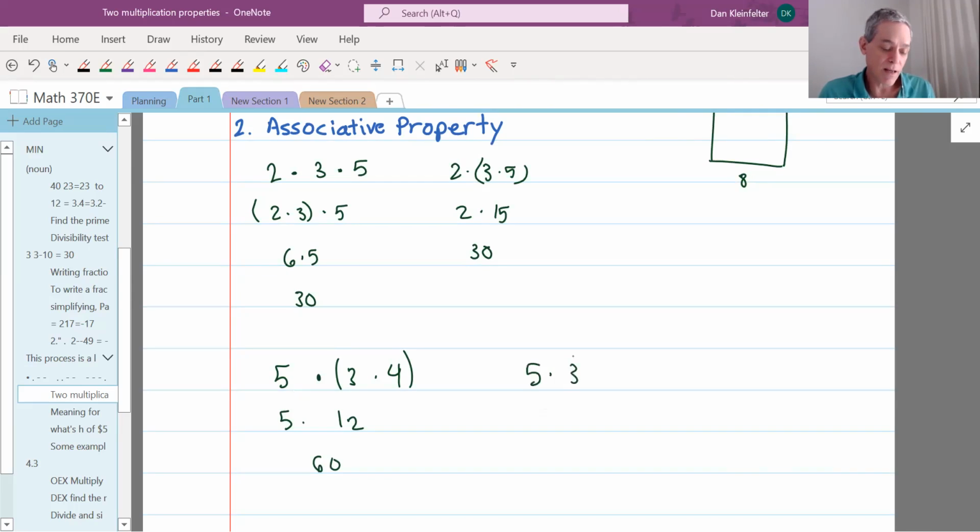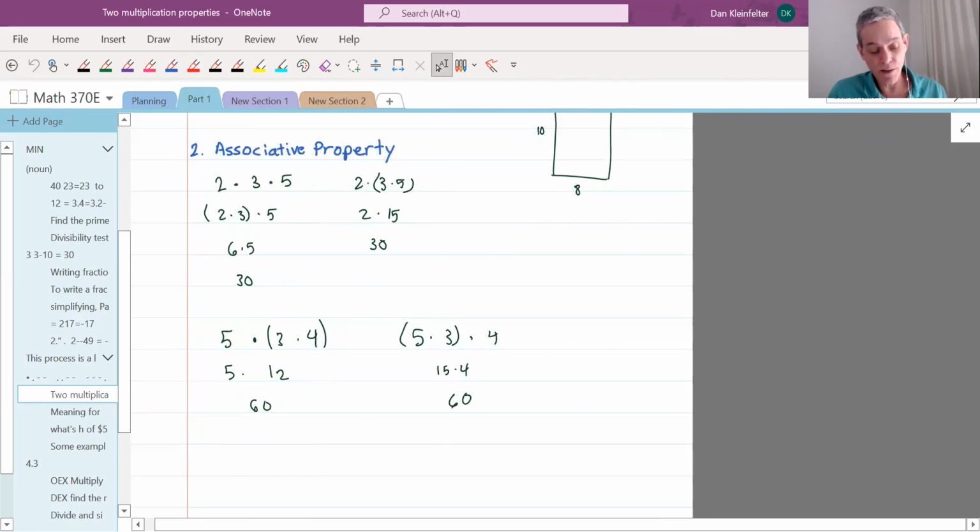Or you can make parentheses around the 5 and the 3 and multiply those two together. 5 times 3 is 15. 15 times 4 is 60. You're going to get the same answer. So the big idea here is that if you have a calculation that just has multiplication, it doesn't matter which you do first. And that's the associative property.